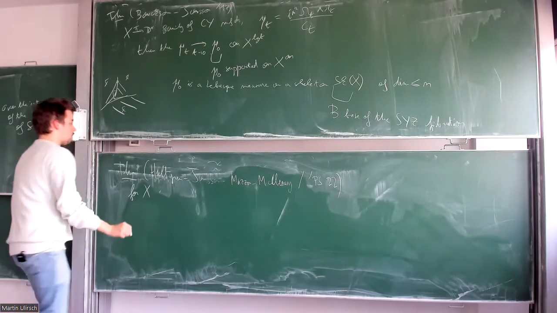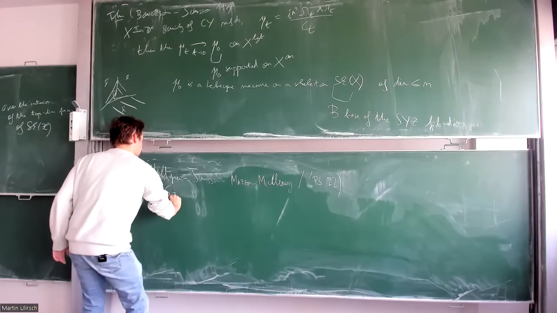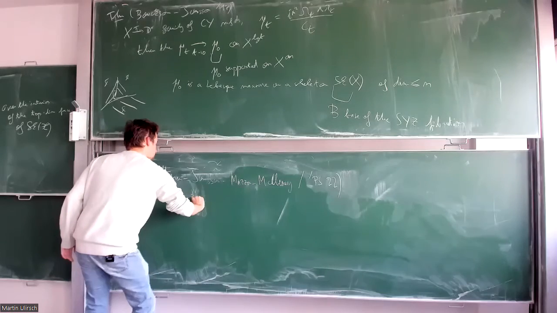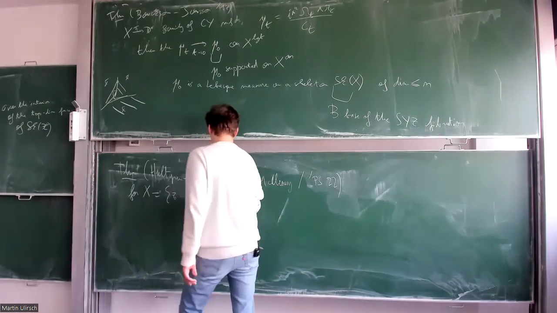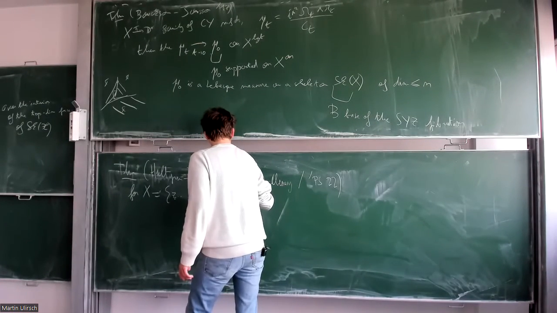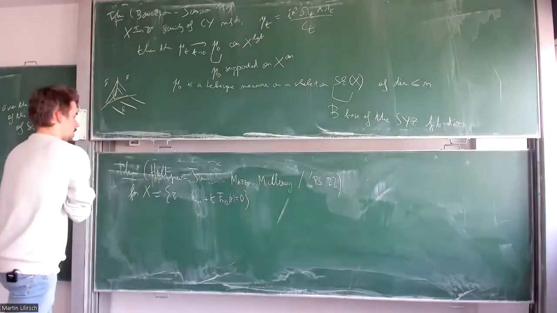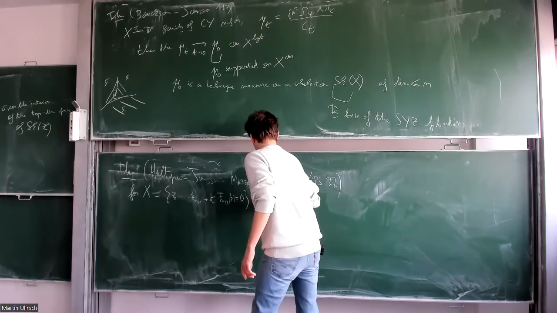So I'm going back to my family of hypersurfaces. This is Z_0 up to Z_{n+1} plus T F_{n+2}(Z) equals 0. So this is inside P^{n+1} times the disk.